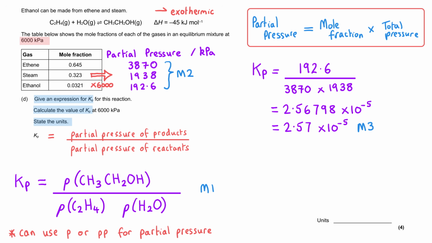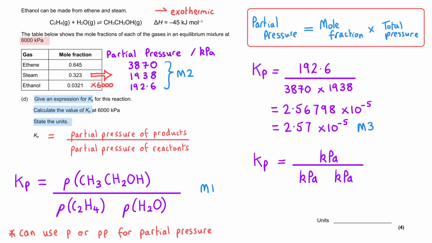To work out the units for Kp, my recommended strategy is to take your Kp expression and instead of putting numbers in, put units in. We had one partial pressure term on the top, the units will be kilopascals. We had two partial pressure terms on the bottom, so that will be kilopascals multiplied by kilopascals.